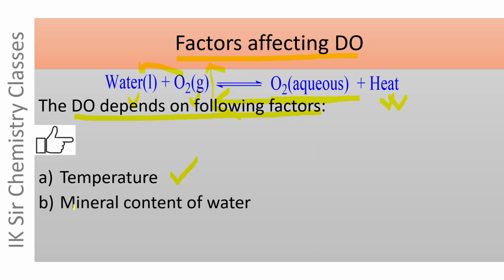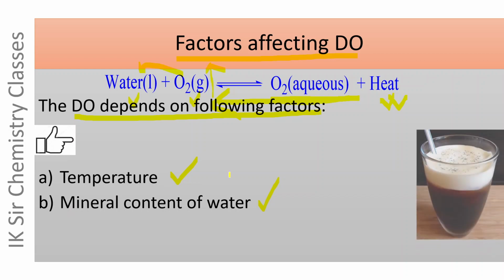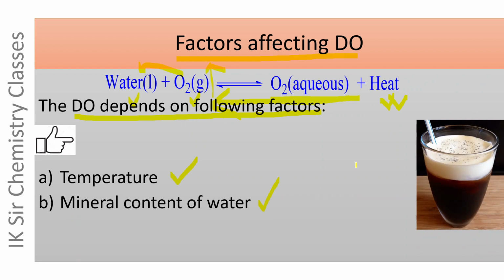The second factor is mineral content of water. As the mineral content of water increases, DO decreases. It can be understood with an example. If we add common salt to a cold drink, CO2 gas dissolved in it comes out in the form of bubbles.